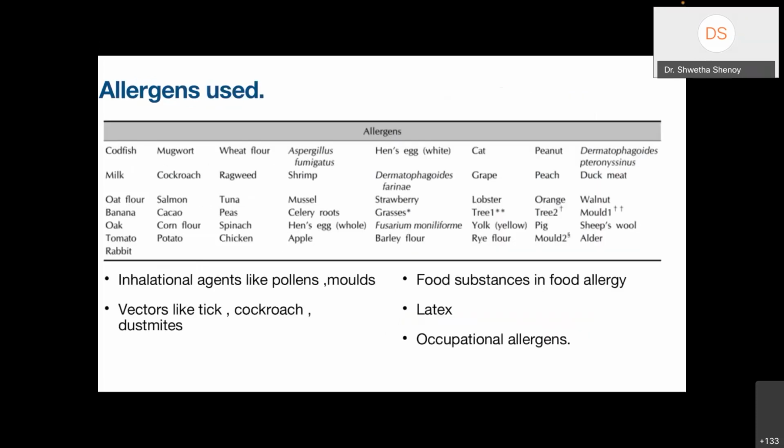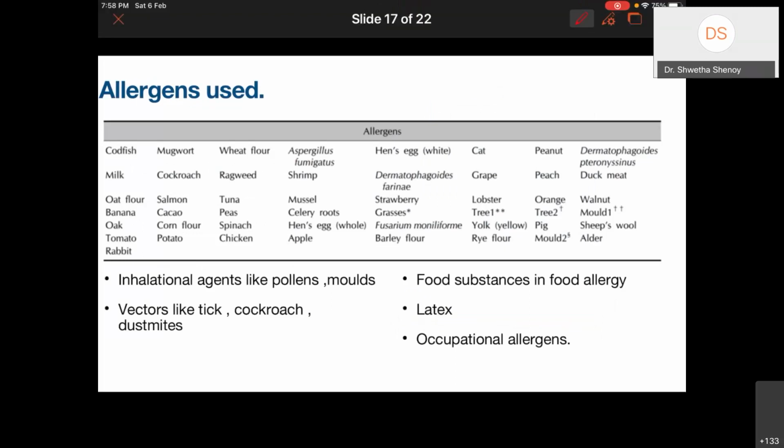So these are the common allergens used, though it is all written like this. But if you go by classification, inhalational allergens are usually lighter, like pollens and molds. Pollen can be mostly of grass, and molds are Aspergillus.